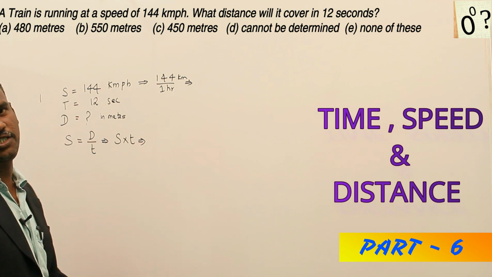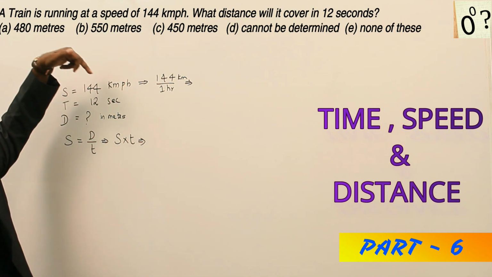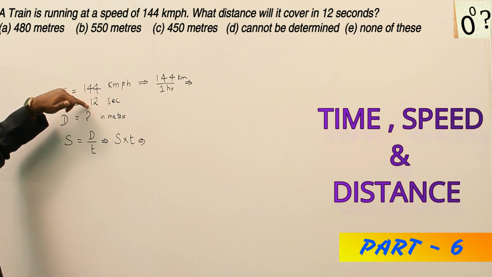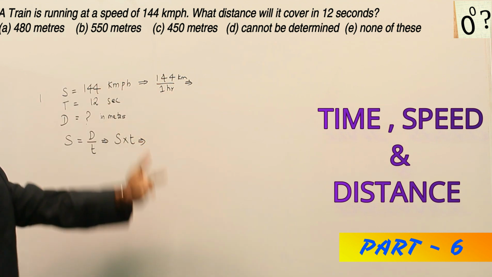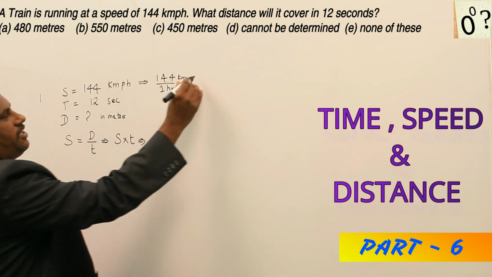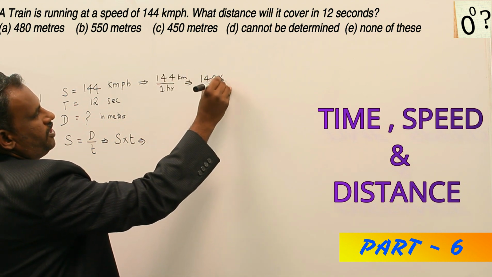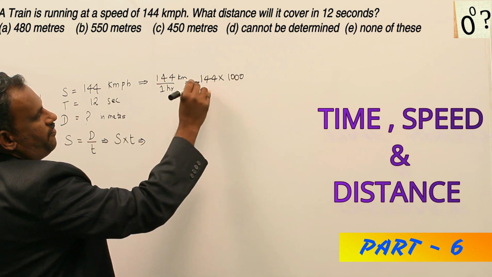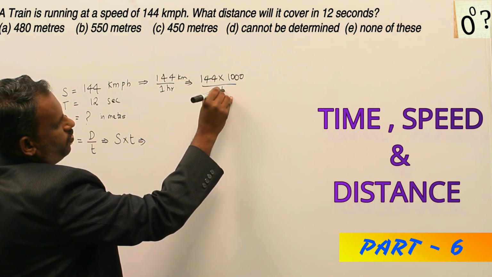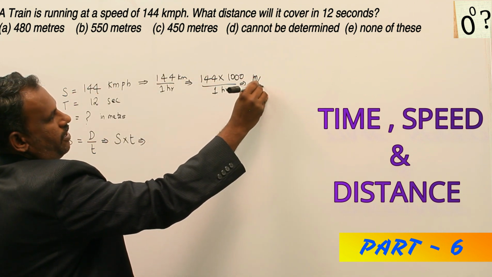We can either convert this kilometer per hour into meter per second, or convert 12 seconds into hour. So we just keep it as 144 kilometer per hour. If you convert this 144 kilometer into meter, multiply by 1000, and 1 hour is as it is, this is equal to meter per hour.